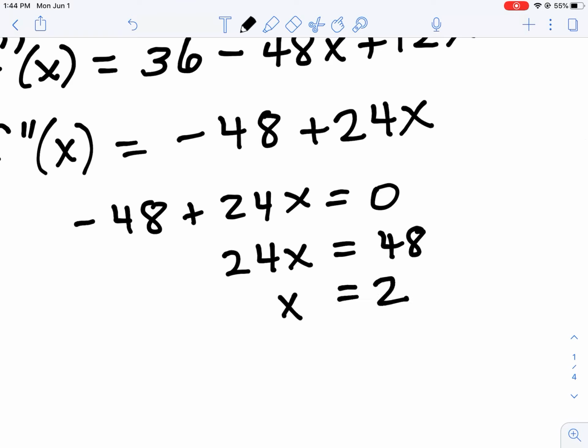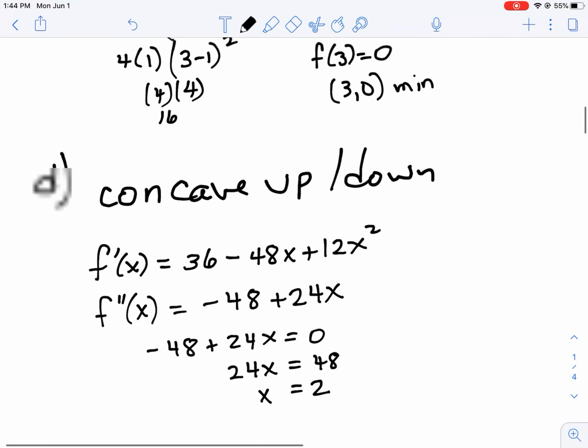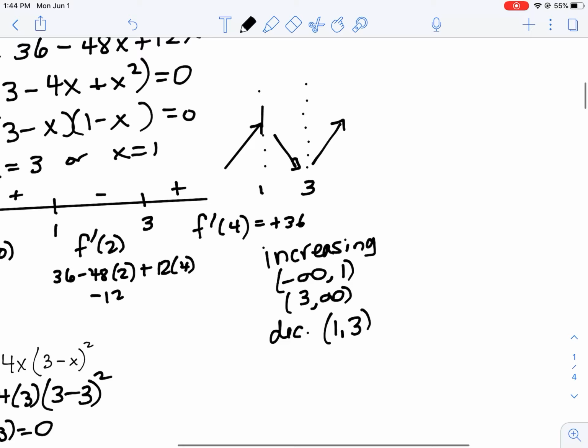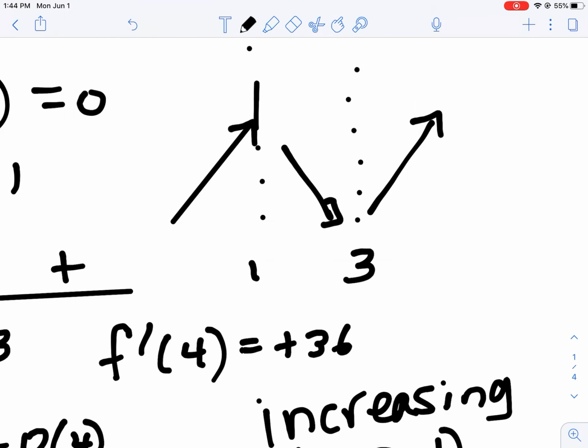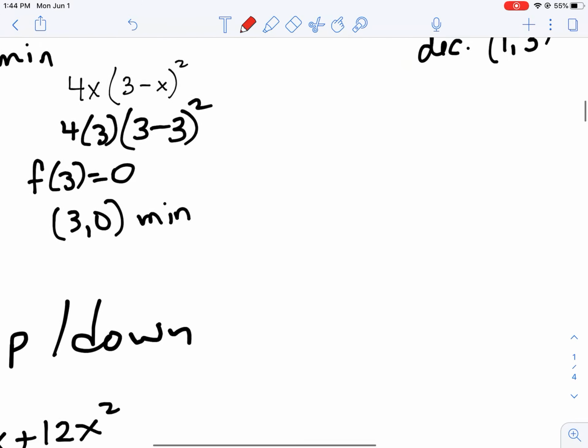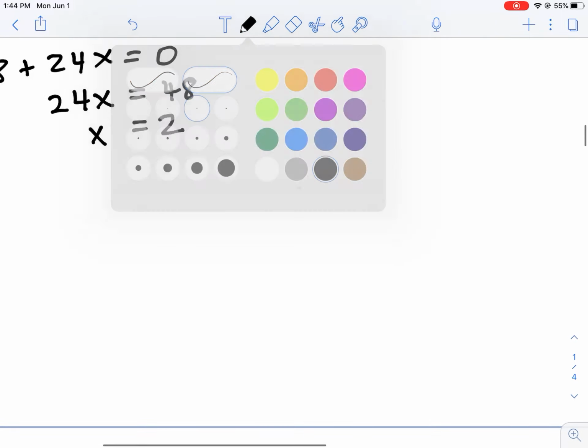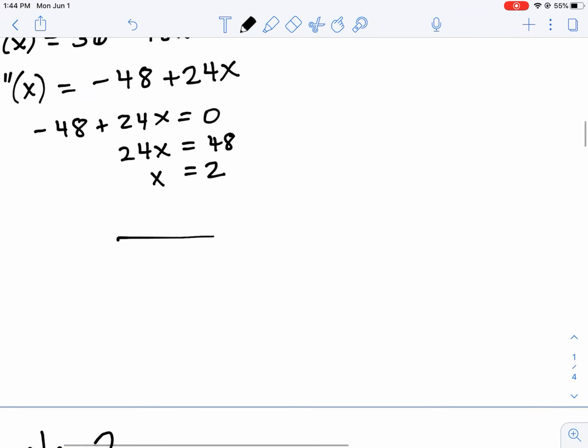That's where it changes the whole concavity. So if I'm thinking about my graph, where am I again? So right in here, I'm going to change colors just for a minute. Right in here at x equals 2, that's where it changes the concavity from concave down to concave up. Okay, and I can also do that with my number line. With the number line here, I can put 2 in the middle.